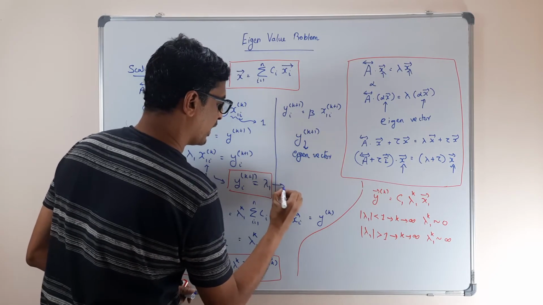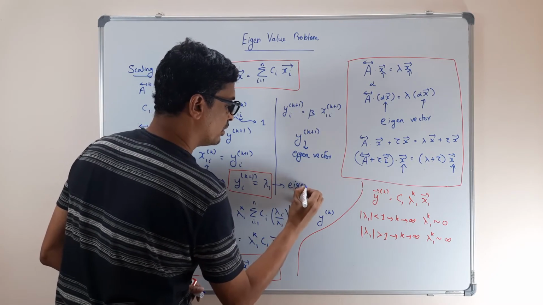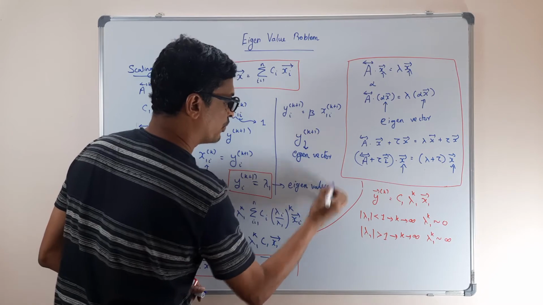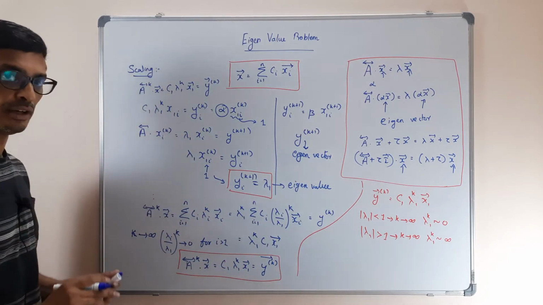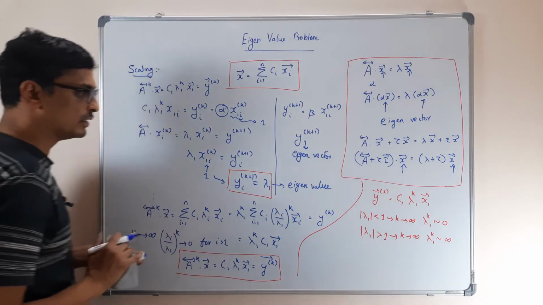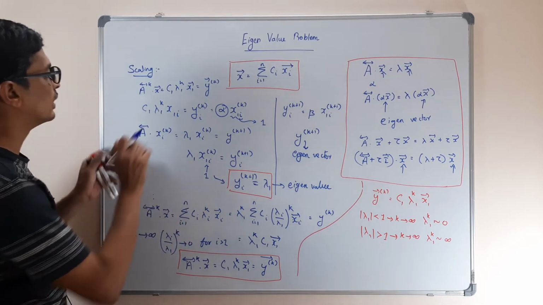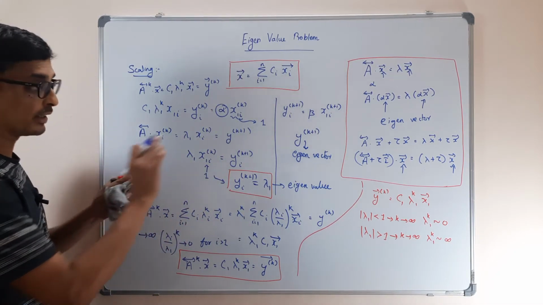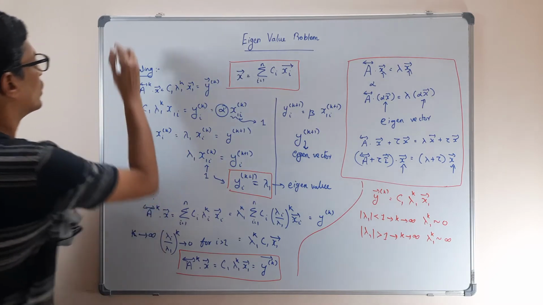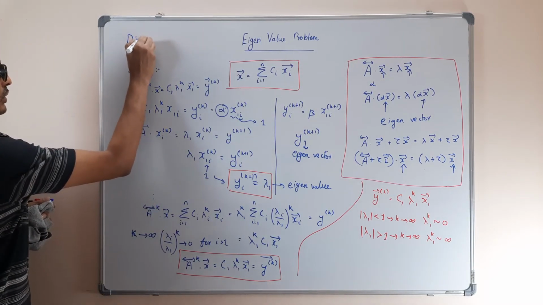This will be your eigenvalue, and this will be the eigenvector. So this particular method by which we calculate the largest eigenvalue and the corresponding eigenvector is called the direct power method.